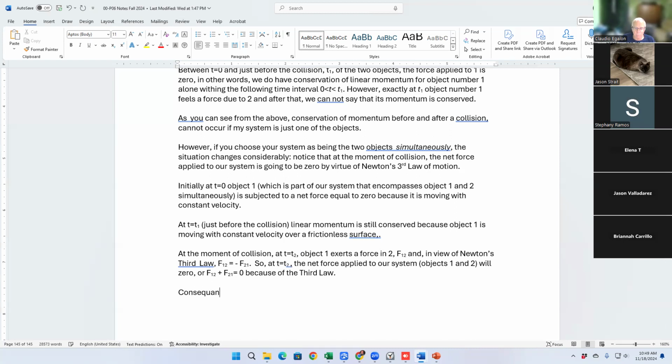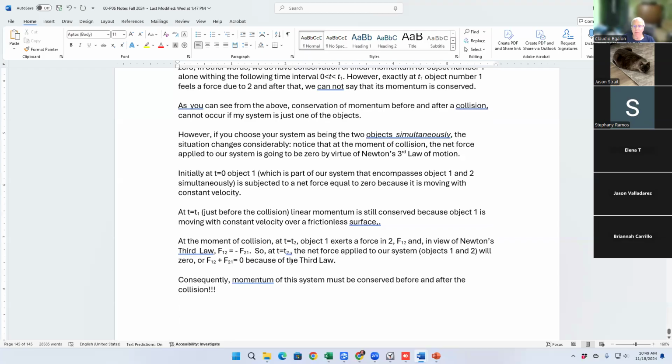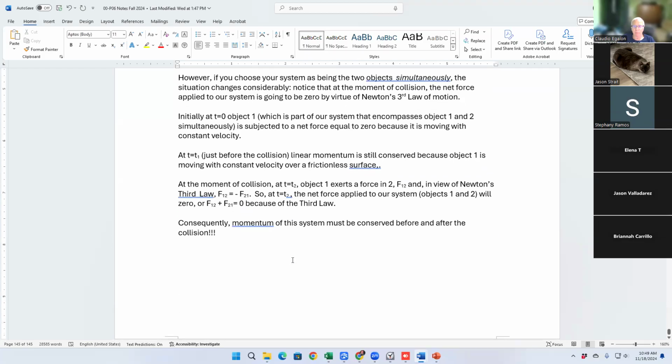Consequently, the momentum of this system must be conserved before and after the collision. That's the important conclusion that we must have.